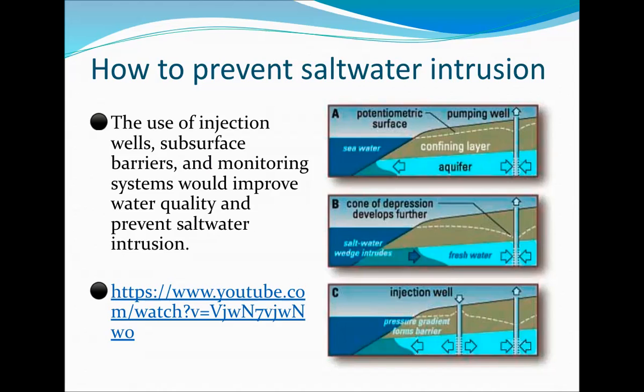So I want you to note in these diagrams, okay, that this is going under the fresh water. So the darker is the salt and the lighter color is the fresh water. And in each diagram, that salt water, because it is so much more dense, is going underneath. And then in the last diagram, we see the injection well, okay, which is a pressure gradient, which forms that barrier. Okay, does anybody have any questions?